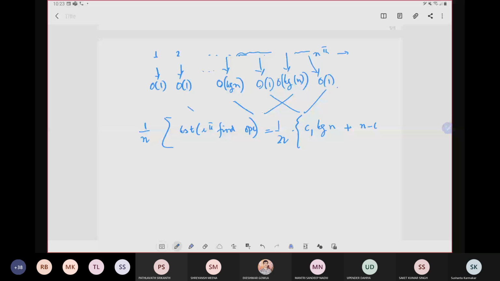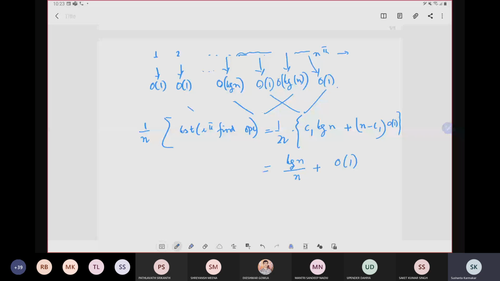So this comes to log n by n plus something like a constant. Although this is a very loose analysis, I assume that there is a constant number of these log n operations, and a total of n such find operations.